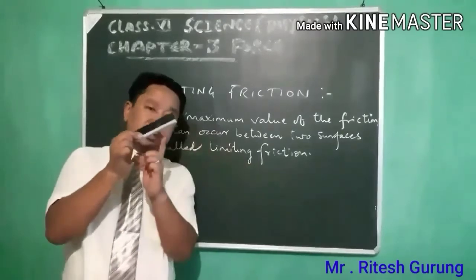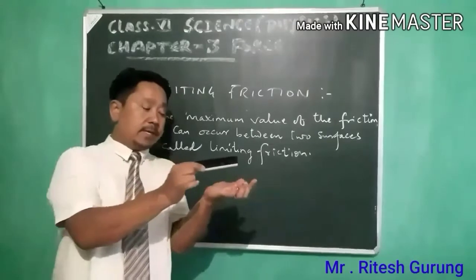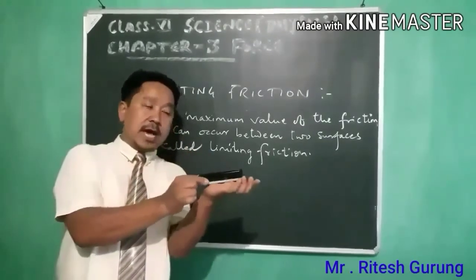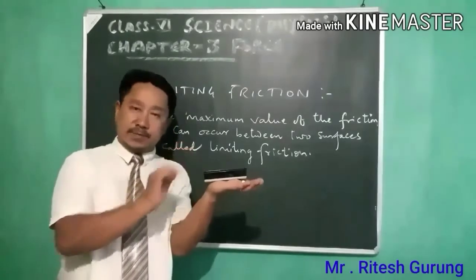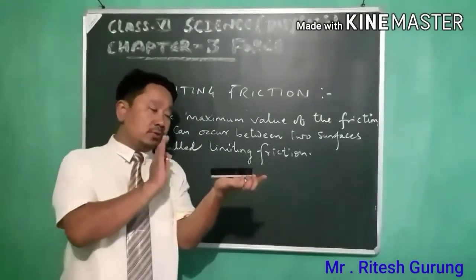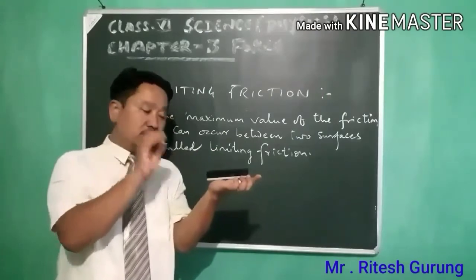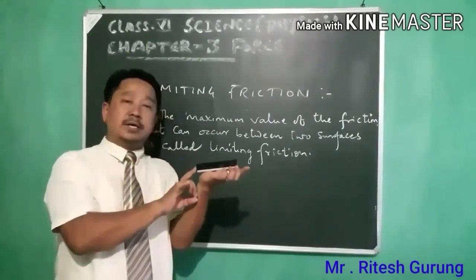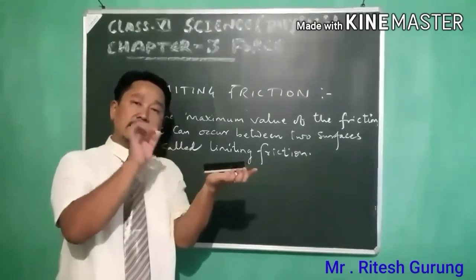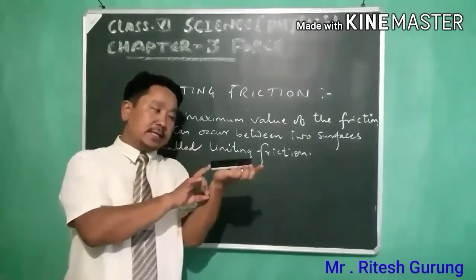The surface of the table and the surface of the duster are in contact, and there is friction. Static friction is there. When you want to move this with a small force that you apply, it cannot move because the force is very less. You increase it slightly, still it is not moving.